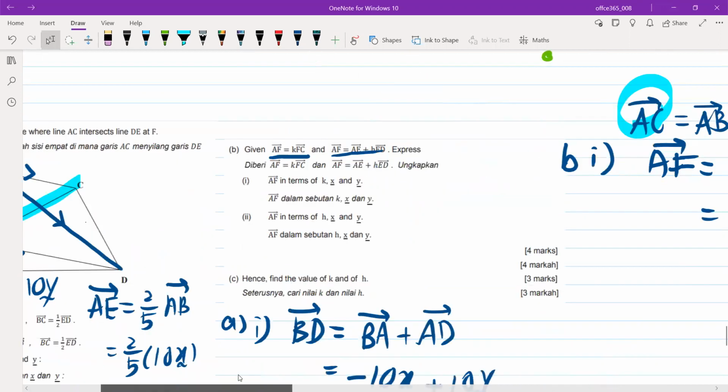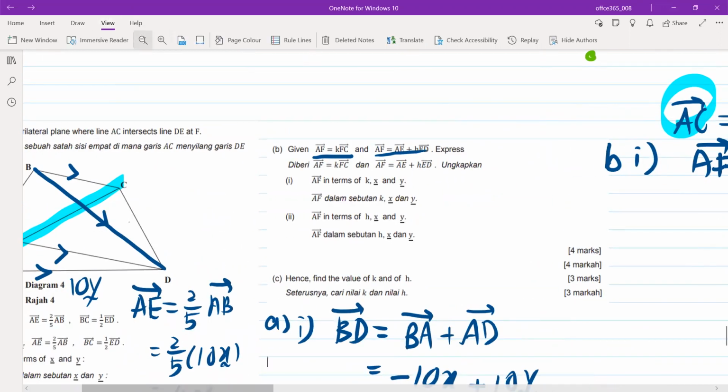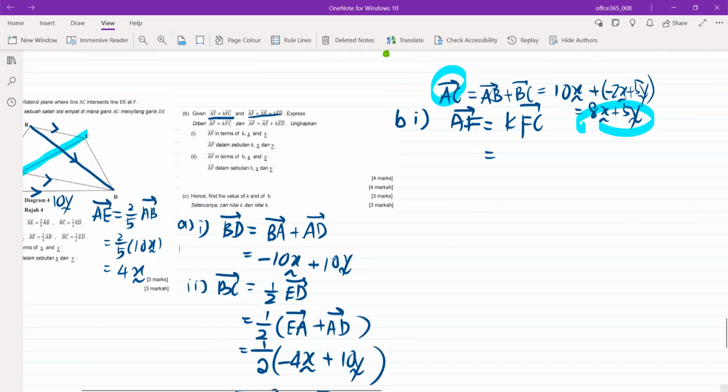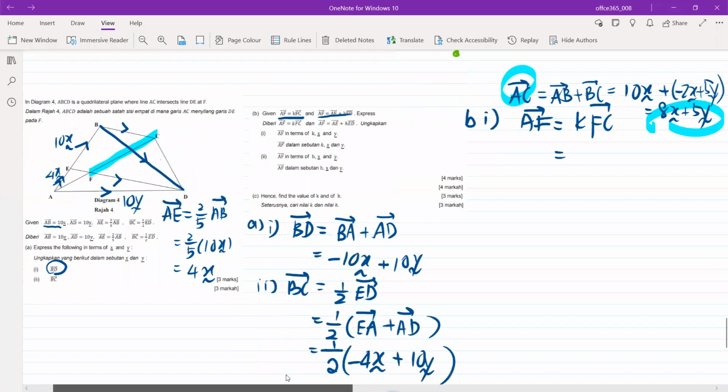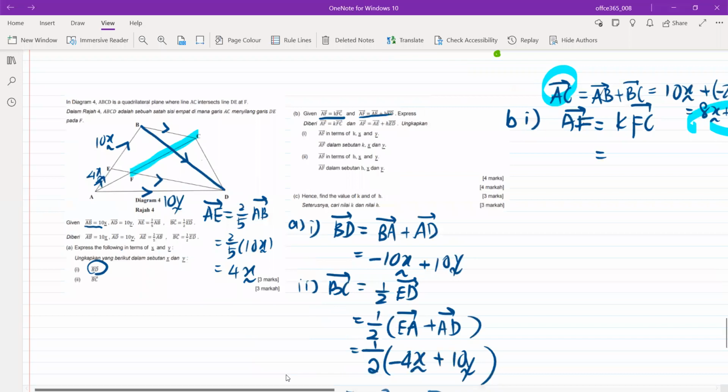Think carefully. I'll zoom in for you. Link it. AC we found already, and AF equals k times FC. So how can you easily find it?